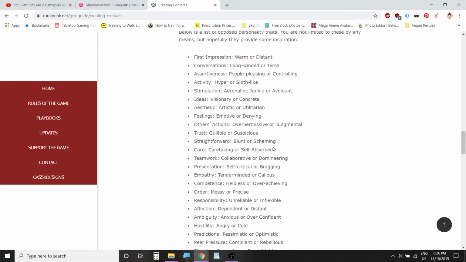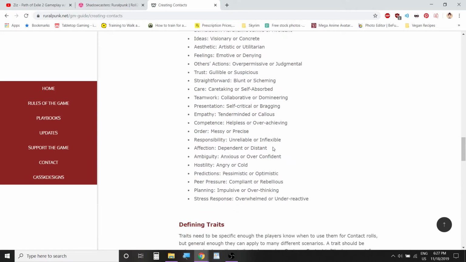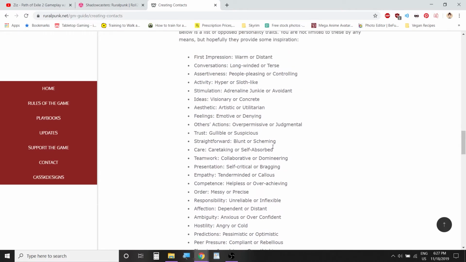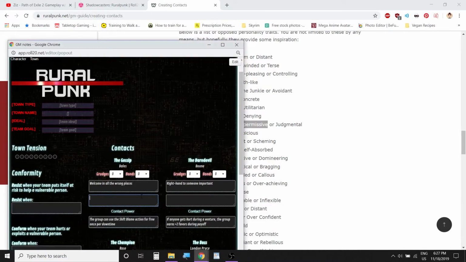So I think what sticks out to me for Bales and sort of that like lacking common sense is in terms of others' actions, I think she might be over permissive. So she might be over permissive, and what I'm gonna do for now is not create a full trait based on that.